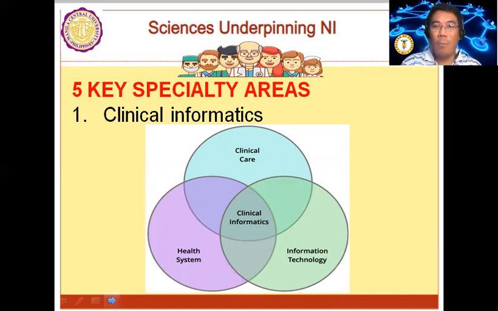So that's why most of the documentation, storage of data, protection of data, access of data, and information about the client's records are in place individually.